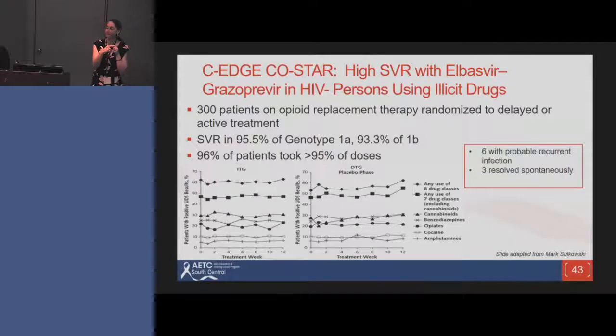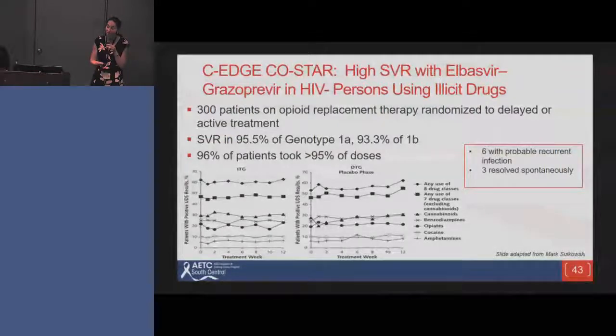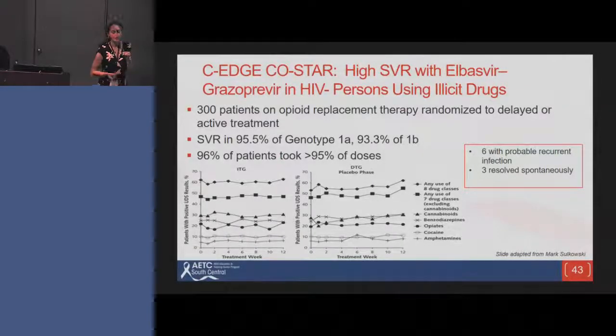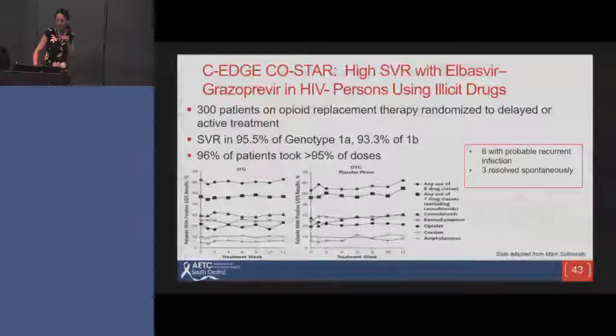Overall, the sustained virologic response rate was 95% in genotype 1A, 93% in genotype 1B. Adherence assessment showed that 95% or 96% of people reported taking more than 95% of the doses. So even though they were using illicit substances, they were still adherent. There were 6 recurrent infections, so essentially reinfections, and 3 of those actually resolved spontaneously.